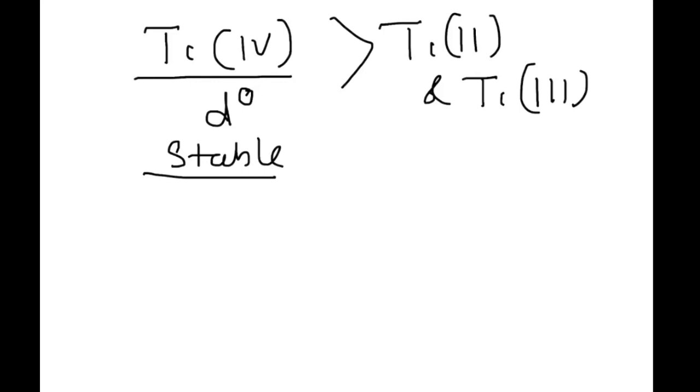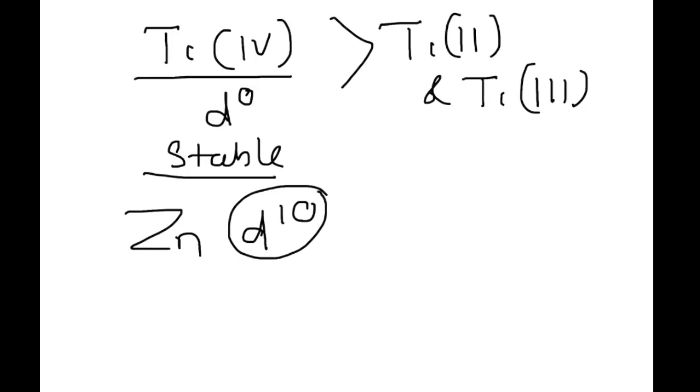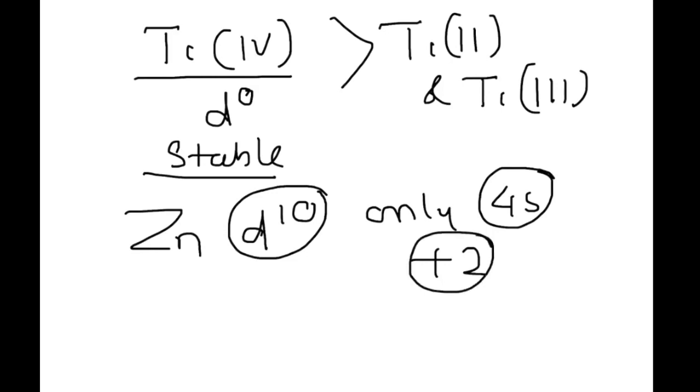Means titanium in +4 state forms stable compounds in comparison to titanium 2+ and titanium 3+. Exactly, zinc has D10 configuration. Here only 4s electrons participate in the formation of a chemical bond. So zinc can show only +2 state, and the nature is ionic.